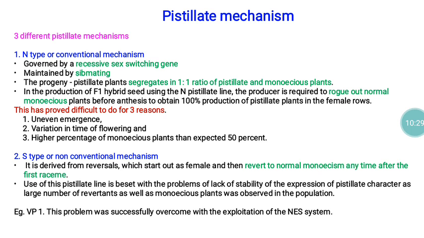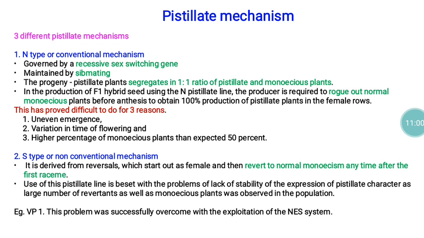Here also the sterility is governed by recessive sex switching genes, and this also needs to be maintained through sibmating, that is, crossing with close relatives only. So here also the same problem exists during multiplication of the female parental line: a 1:1 segregation will be there, so to ensure plants with the complete pistillate class, we have to go for roguing.